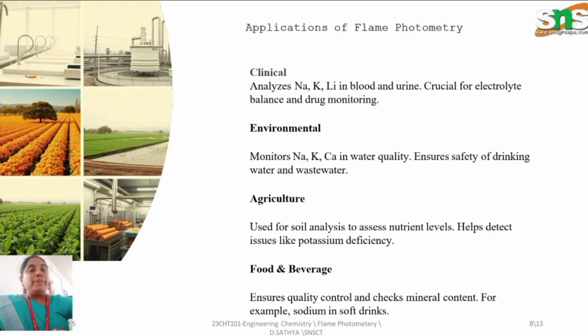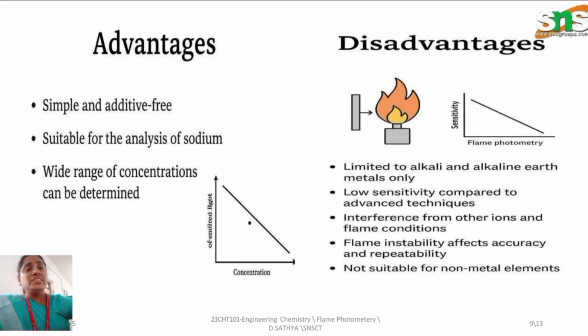These are the applications of flame photometry: clinical, environmental, agriculture, and food and beverages. The advantages are that it is simple, suitable for analysis of sodium, and a wide range of concentrations can be determined.